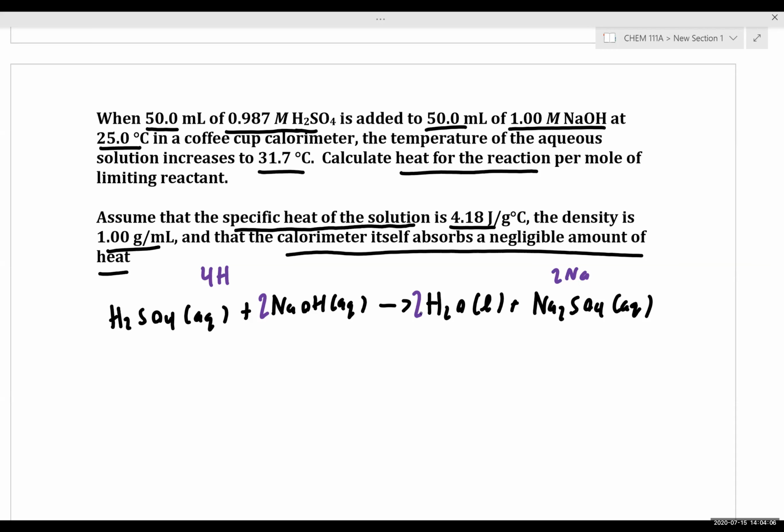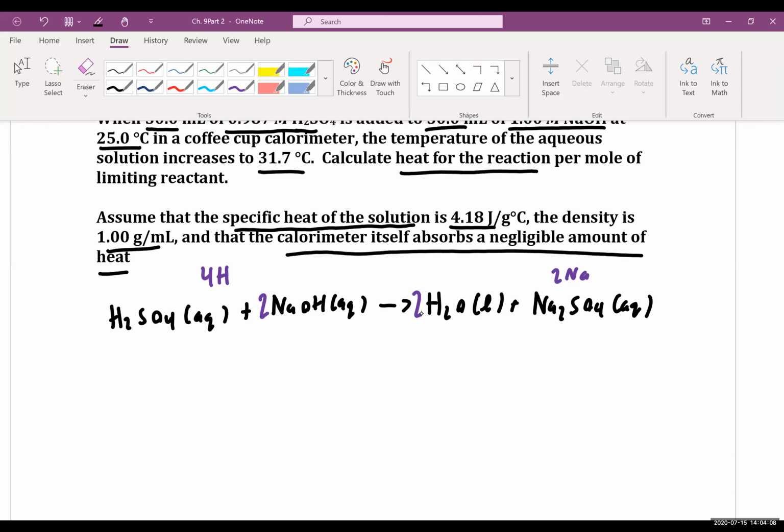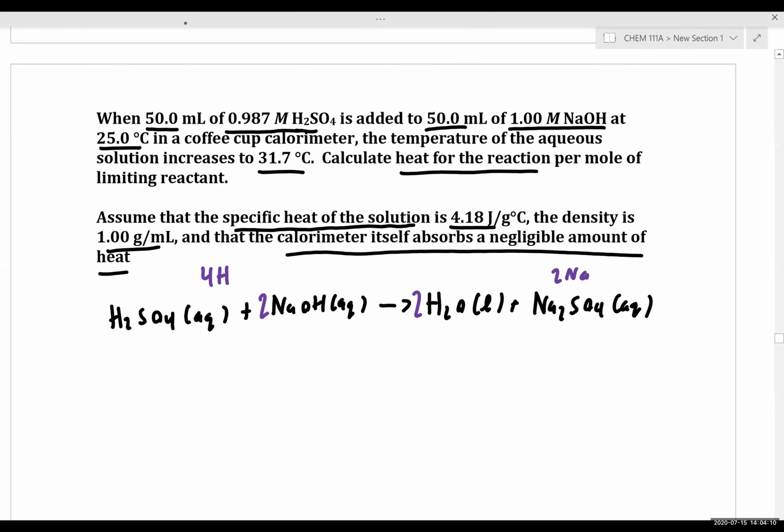So now that we have the equation balanced, let's in turn identify our limiting reactant. And we're going to use a shortcut here. We're going to figure out the moles, and we're going to divide by our reaction coefficient. And the smaller number indicates the limiting reagent.